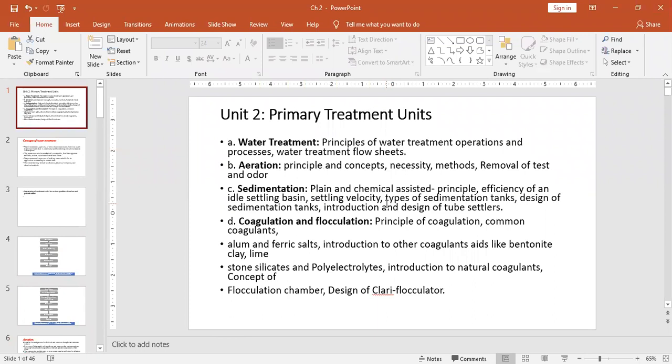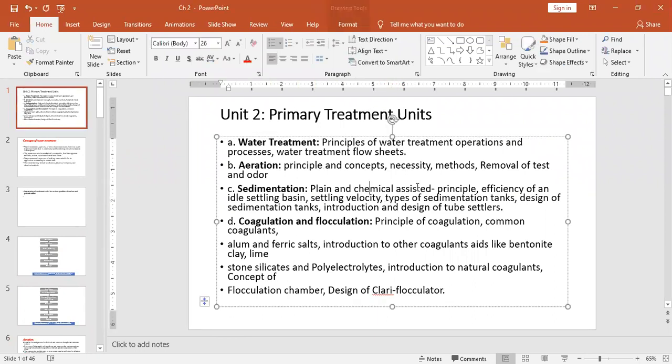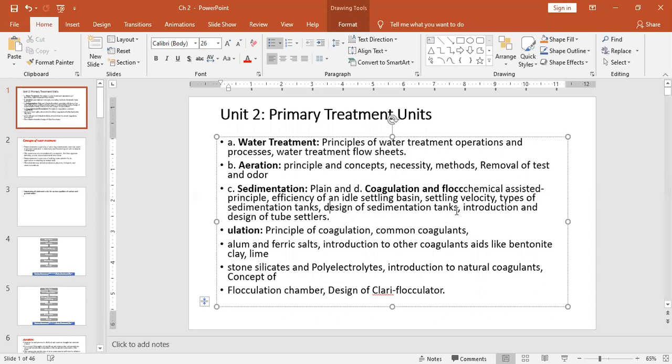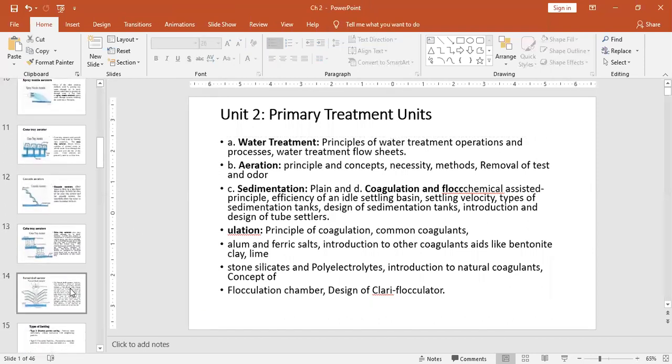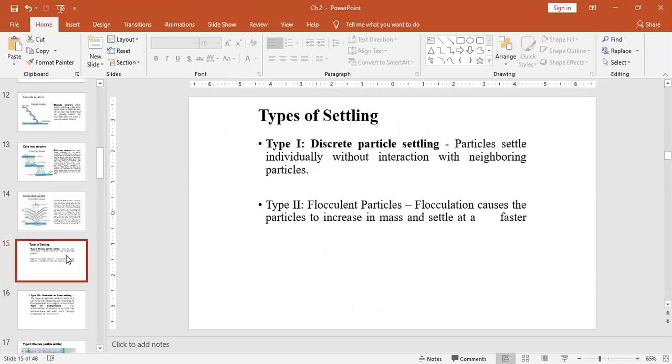In the sedimentation process, you are going to study plain sedimentation, chemical assisted sedimentation, principle and efficiency of an ideal settling basin, settling velocity, types of sedimentation tanks, design of sedimentation tank, and introduction and design of tube settler. You are going to study this in the third part, as the C part of the primary unit, chapter number 2. So we will discuss sedimentation first.